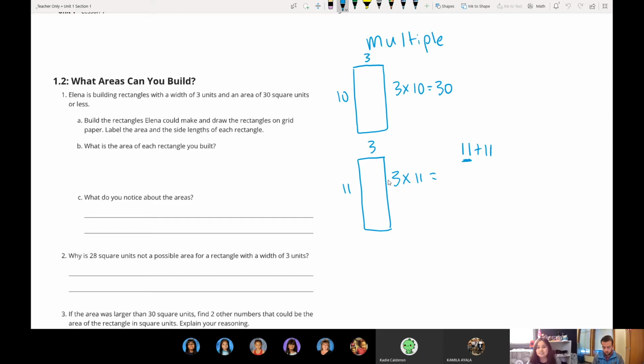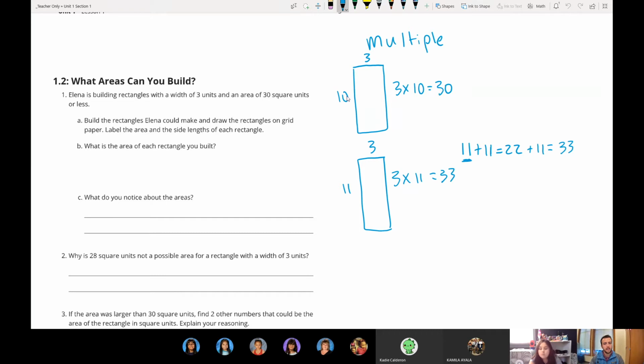Close, you're 1 off. 22? 22, right? So that's if we skip count twice, but we need to skip count 3 times. So we need to add 11 more to this. 33? 33, right? But we need to stay underneath 30 square units, right?